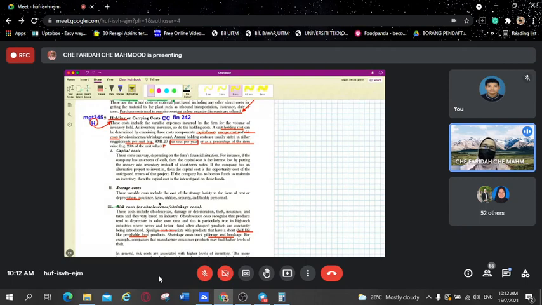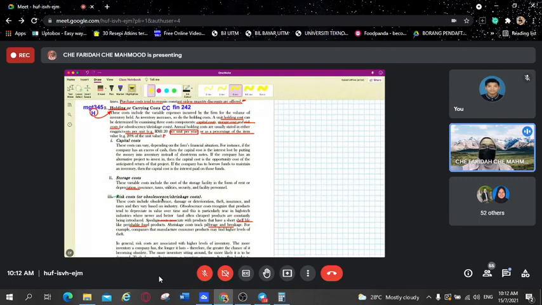All these are already in your book actually. And the risk cost: obsolescence means the product becomes obsolete when we store it too long, and the product has expiry dates. Sometimes we do not realise and it suddenly expires.